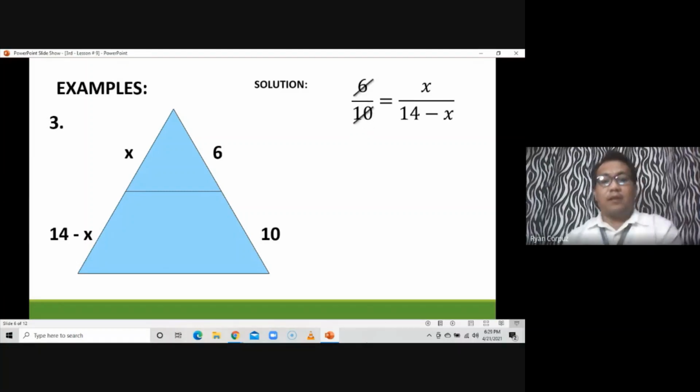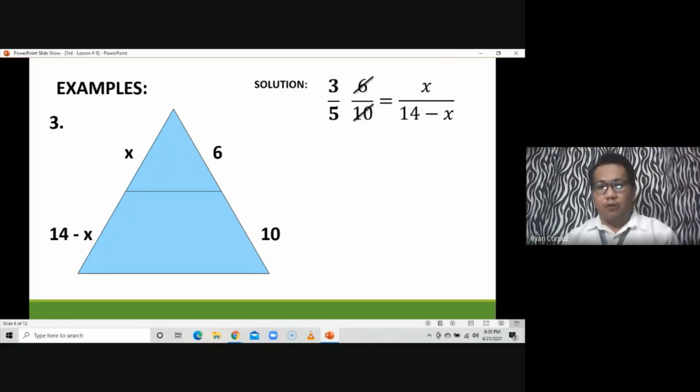Both 6 and 10 are divisible by 2. So, 6 divided by 2 is 3, then 10 divided by 2 is 5. So, meron tayong 3/5. So, instead of using 6/10, we are going to make use of 3/5.